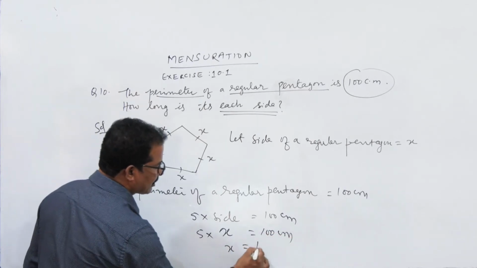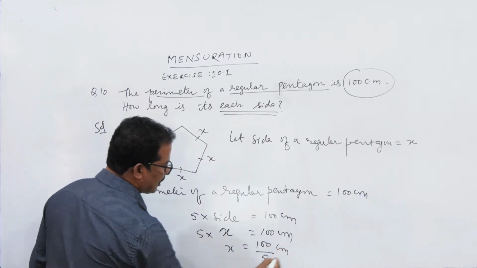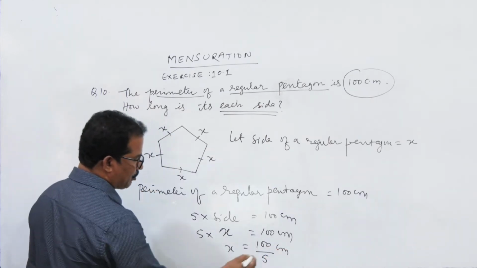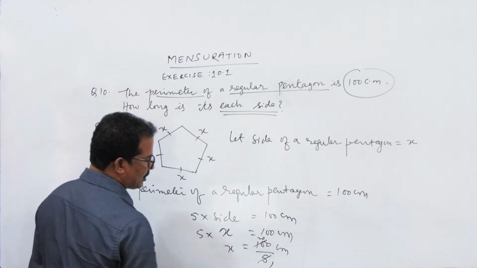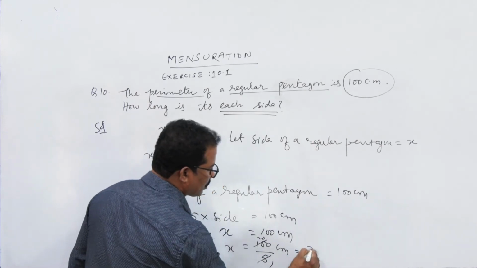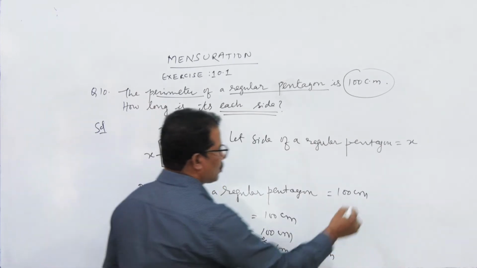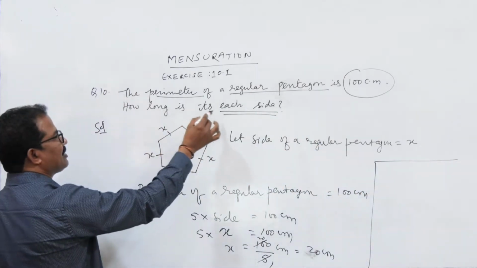And to find x, we can write like this. The 5 will go to the other side in the denominator. It is 100 by 5 centimeter. If we simplify it, 5 1s are 5, 5 20s are 100. That means how much did we get here? 20 centimeter. So what is the question here? How long is its each side?